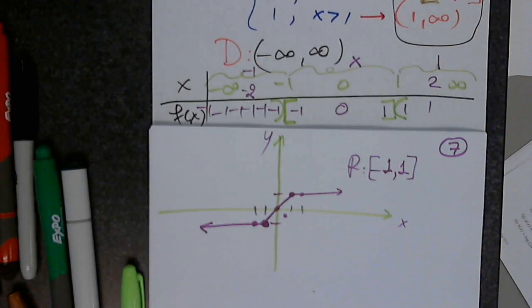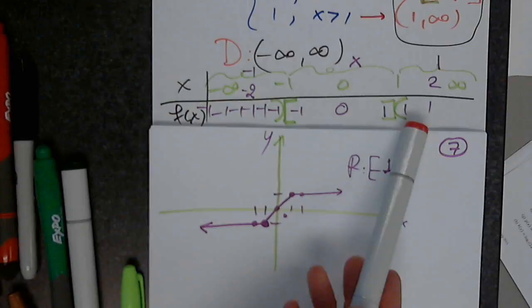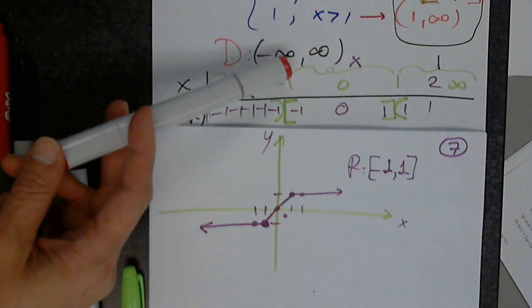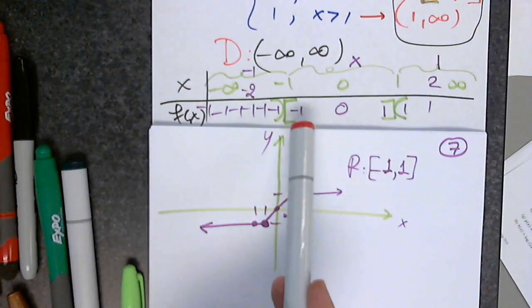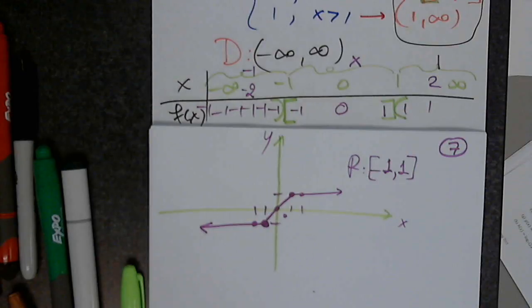So it's an open point if it's less than or greater than, and it cannot be an open point if it's less than or equal to. The only reason we close it in is because the graph overlaps. These numbers are the same. Gotcha. This would have been an open point, -1, -1. But since it's here on this side, it starts at the same value, I have to fill it in.